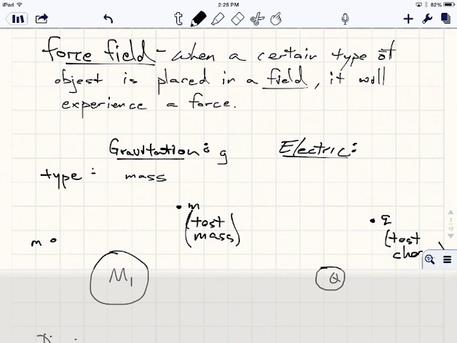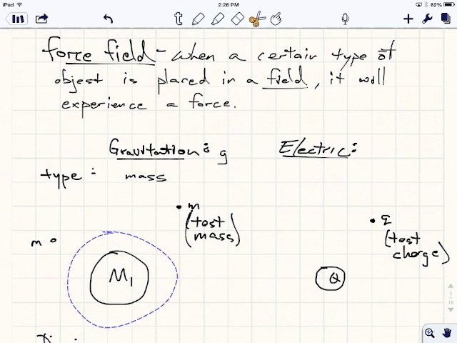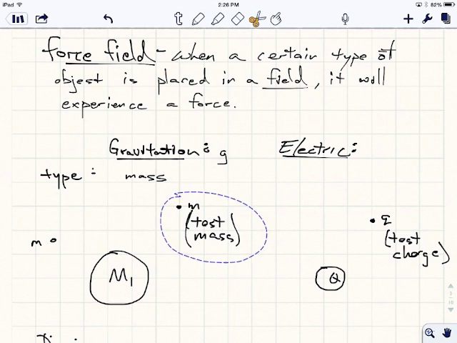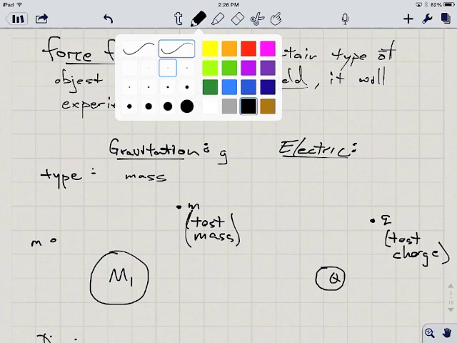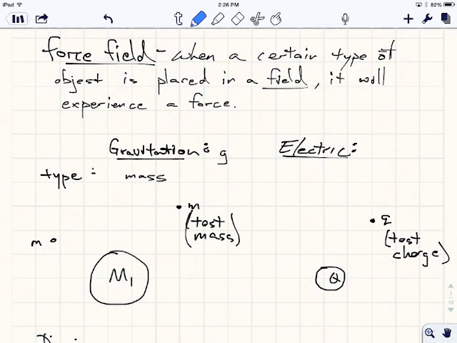Okay. Now, so here we have a big mass that's going to create this gravitational field, and we can place in this gravitational field some small test masses. These masses are really small, they don't really generate their own gravitational fields. We know that if we place this little test mass in the gravitational field of the big M, it's going to accelerate downwards, right?